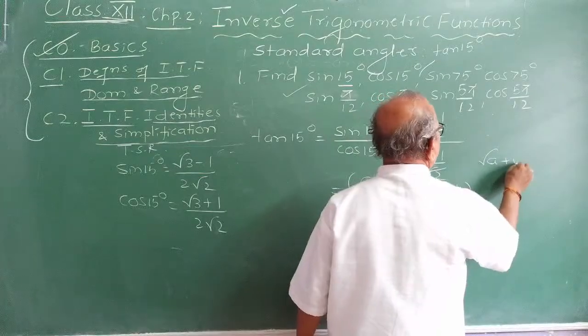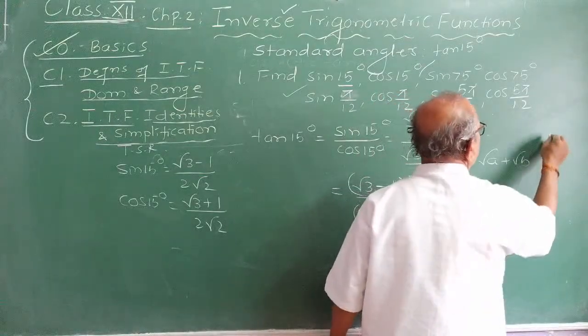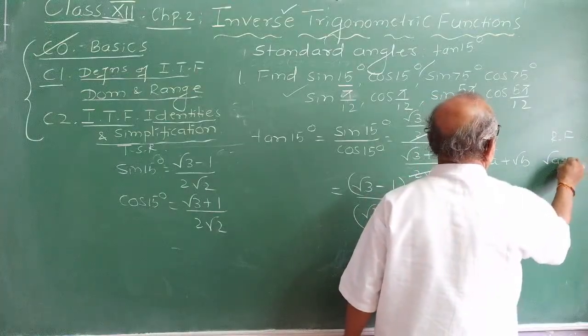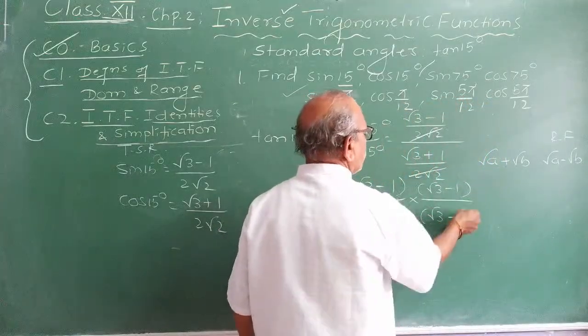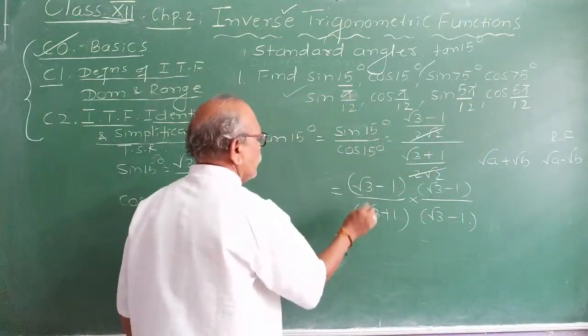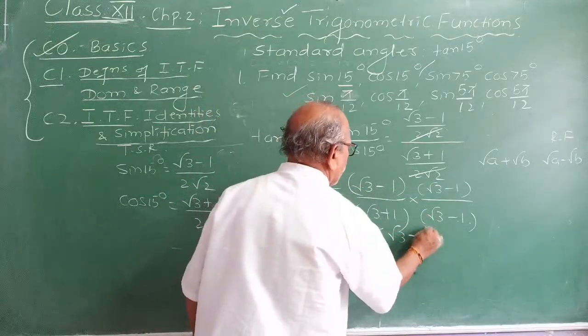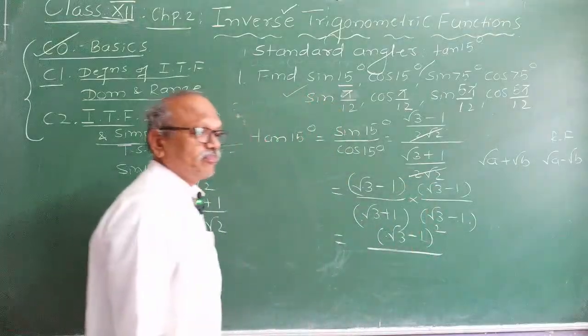If root A plus root B is there, the rationalization factor will be root A minus root B. So that using A plus B into A minus B, denominator will be rationalized. Root 3 minus 1, root 3 minus 1 is root 3 minus 1 whole square. You are using A minus B whole square.